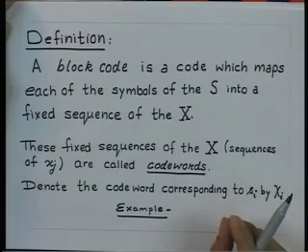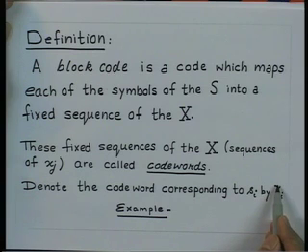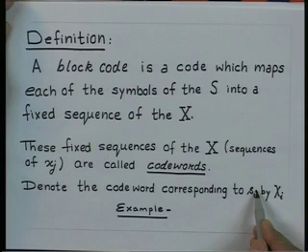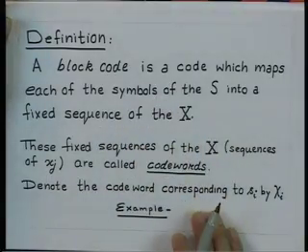Each code word corresponding to a particular symbol in the source alphabet is denoted by Xi. So, Xi is the code word corresponding to the symbol Si in the source alphabet. Let us look at one example to understand this definition.